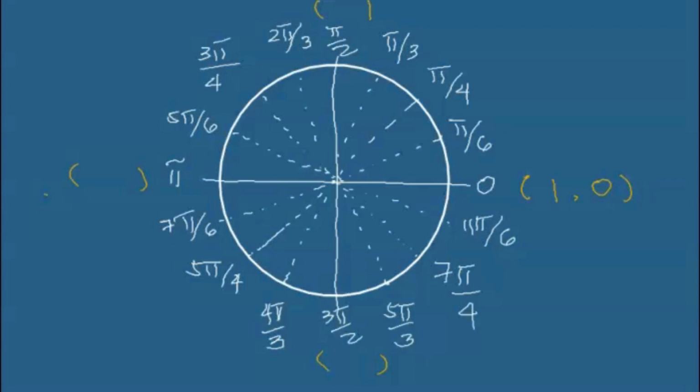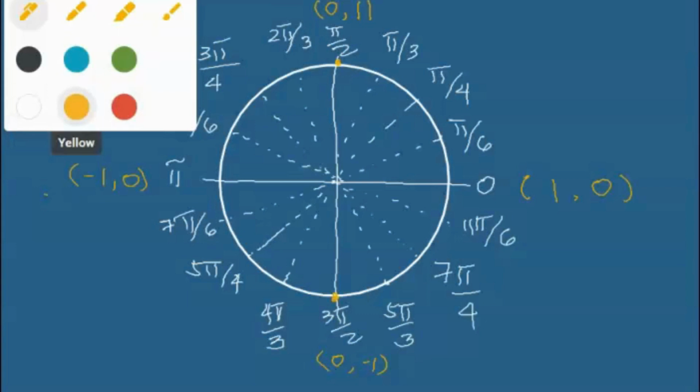At pi, the x is -1 and y is 0. As for pi over 2, because it's a unit circle, the y here is 1 and x is 0. And for 3 pi over 2, the y is -1 and x is 0.